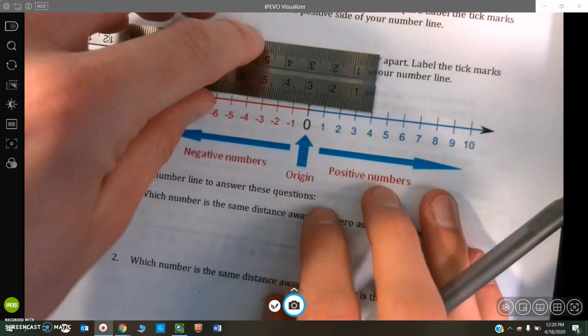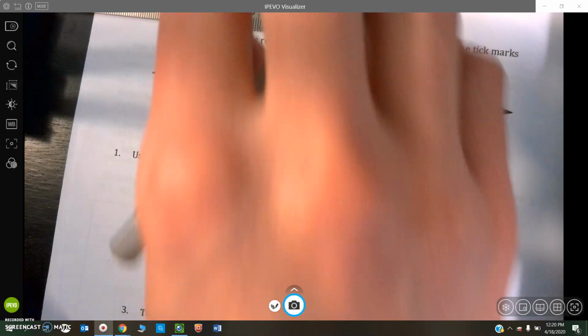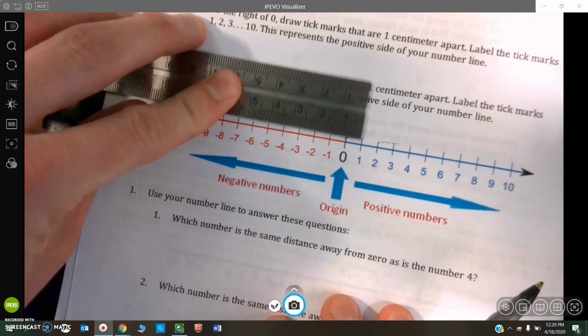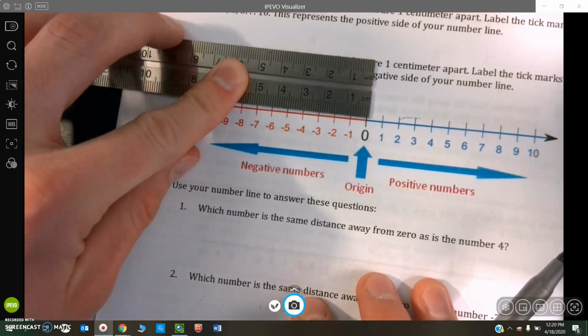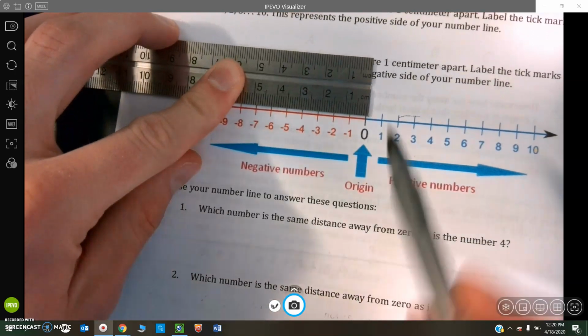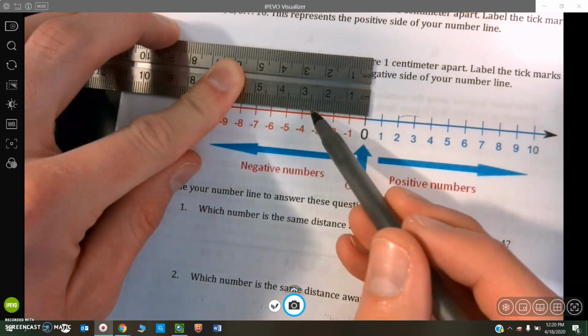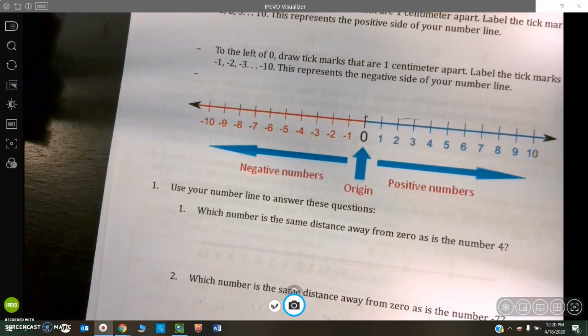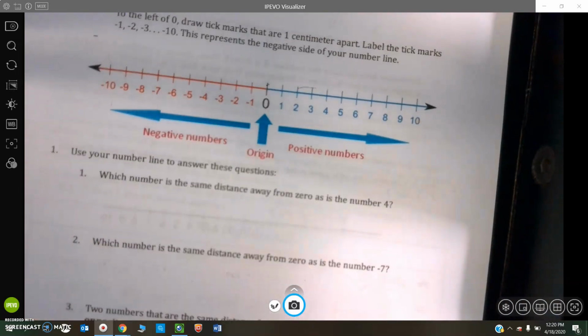So, what else is about 3 centimeters away from 0? If we look, -4 is also 3 centimeters away from 0.